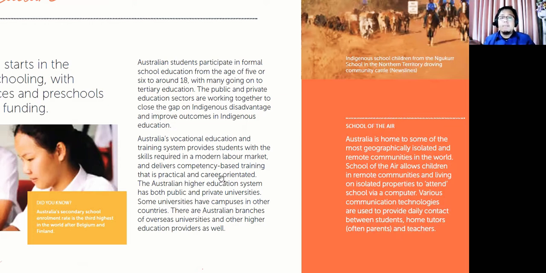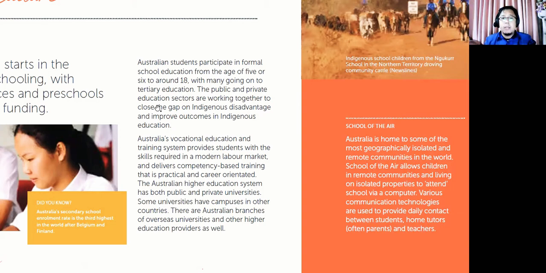Jadi ternyata pelajar yang studi di Australia berpartisipasi dari usia 5 tahun atau 6 tahun sekitar usia 18 tahun. Dan banyak dari mereka melanjutkan ke perguruan tinggi atau tertiary education.